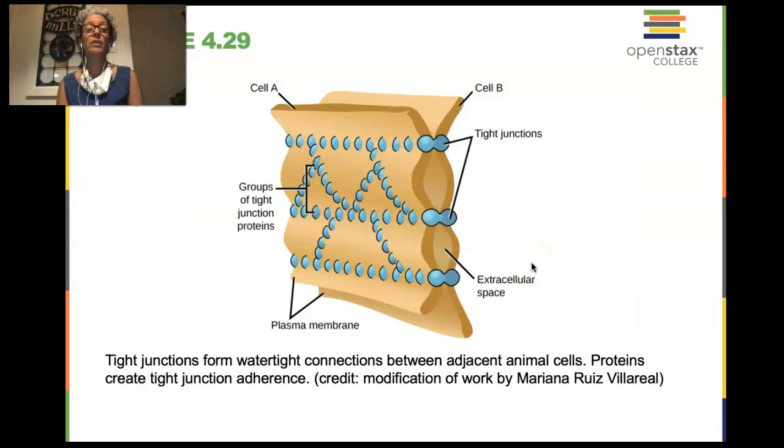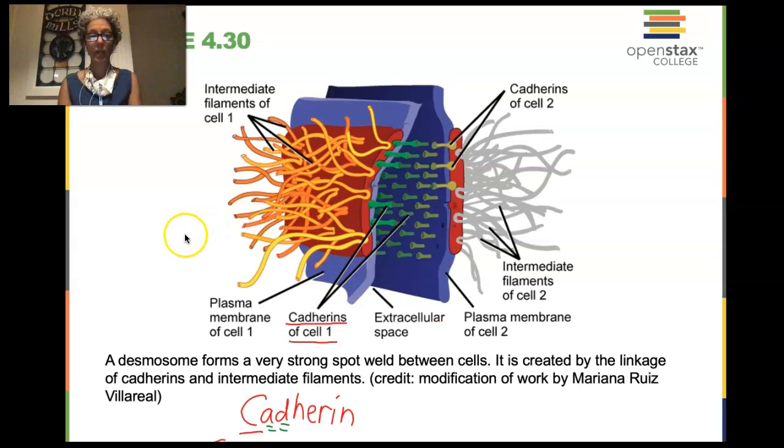Animal cells have many different kinds of connections. One type is tight junctions, so they're watertight, sticking our cells together very, very tightly so that we are forming a sort of a single sheet of types of cells together to form a tissue. Desmosomes, they describe them as a type of spot weld.